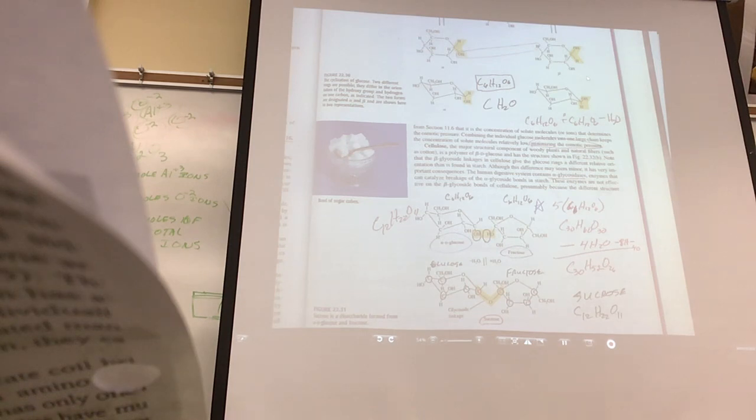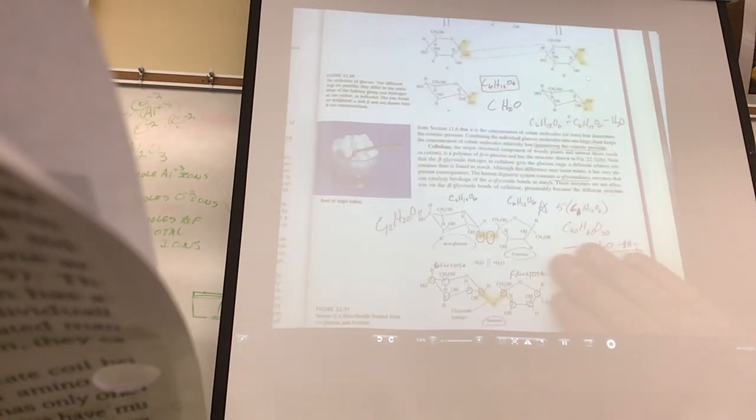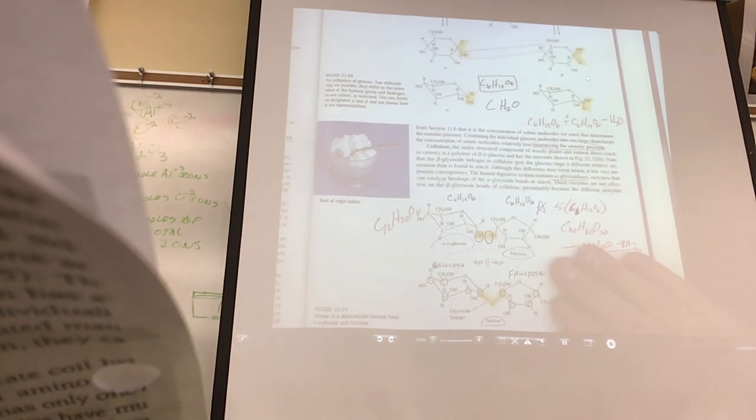Here's what I might ask on the test. What would be the formula of 5 sugars put together in a polysaccharide? So 5 sugars would be 30 carbons, 60 hydrogens, and 30 oxygens, right? But how many waters would you take away to join 5?